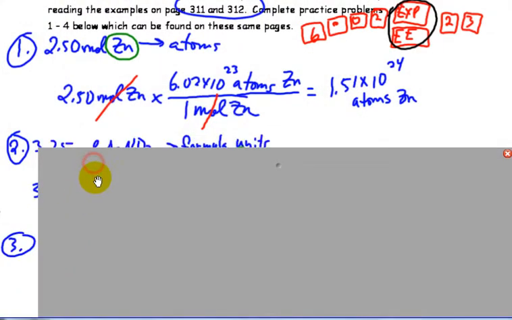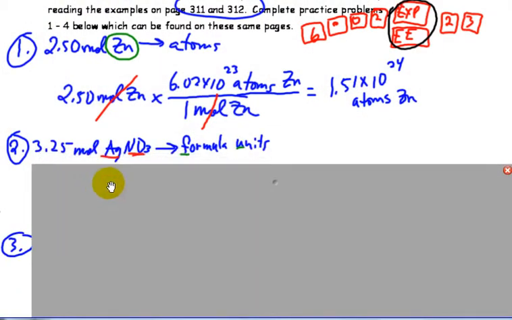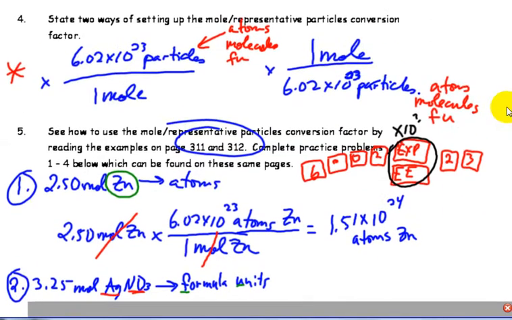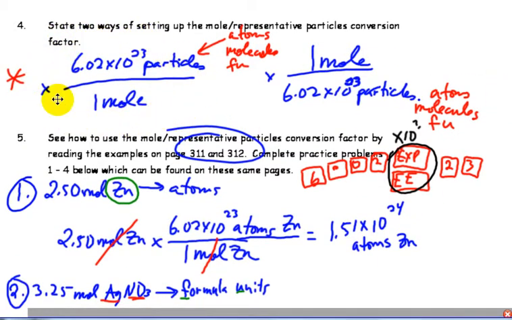Okay, so looking over here, we're going from 3.25 moles to formula units. So moles is my old unit on the bottom, formula units is my new unit on top. So of course that's going to be this conversion factor again here. Moles on the bottom, formula units on top.